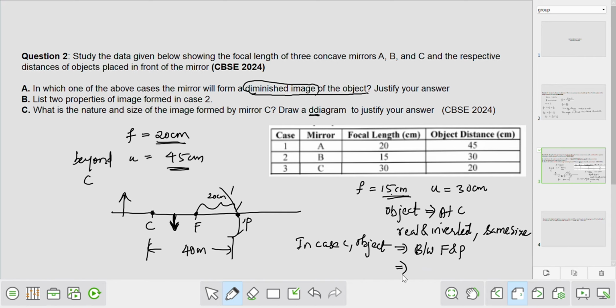You will get the image behind the mirror. So you have to draw the diagram where the object is placed between F and P. I am not drawing the diagram here. You can refer to your textbook for the diagram, object position between F and P. Yes, let's move to the next question.